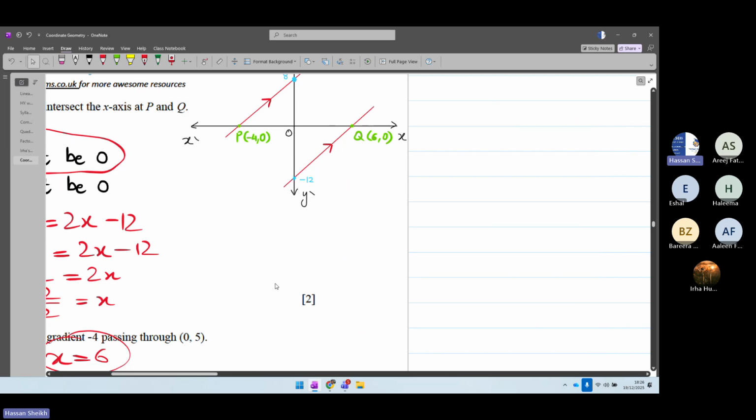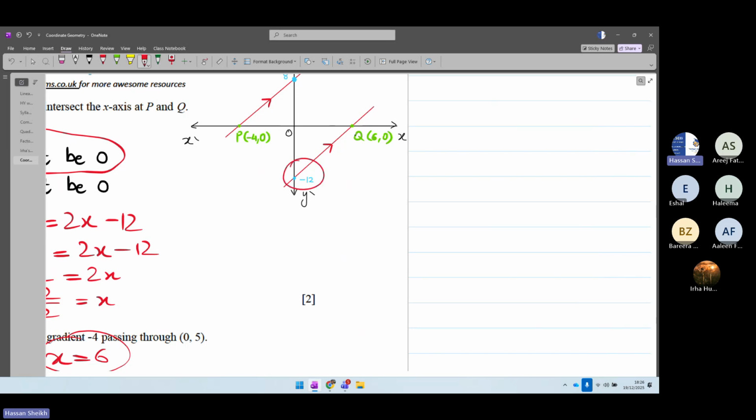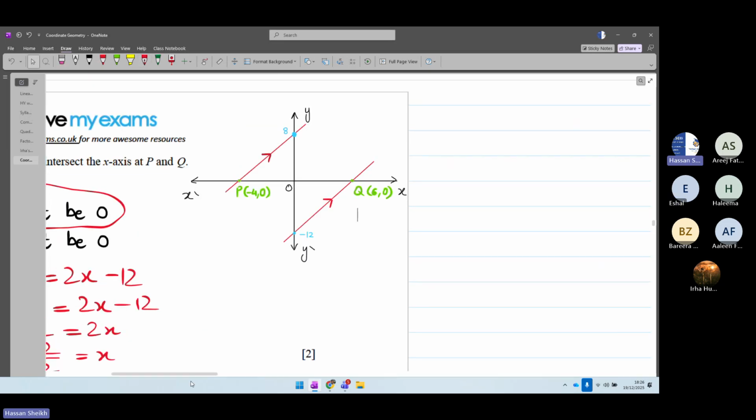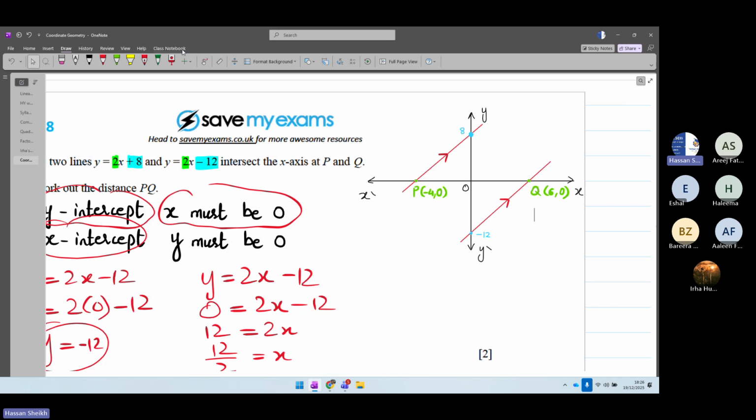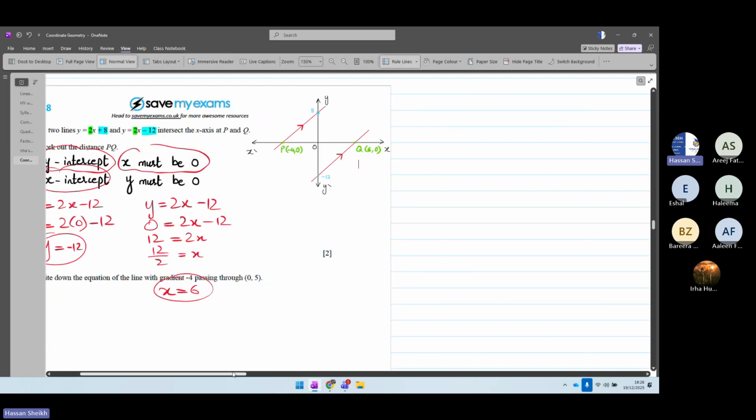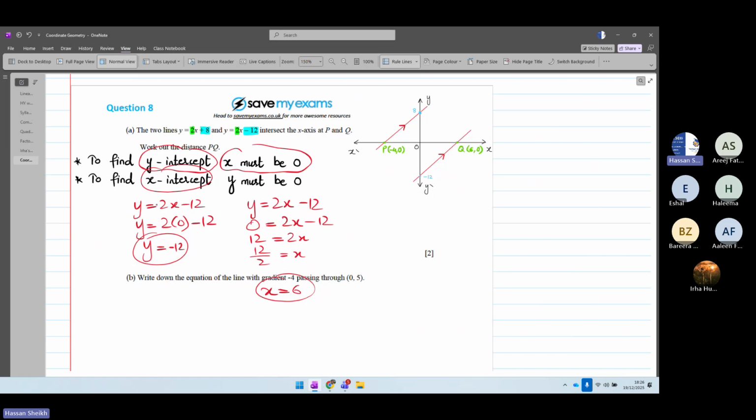Do you agree that the y-intercept is minus 12 and the x-intercept is 6? Do you understand how I drew this diagram? By the information that I collected from the equations, I drew the two lines.